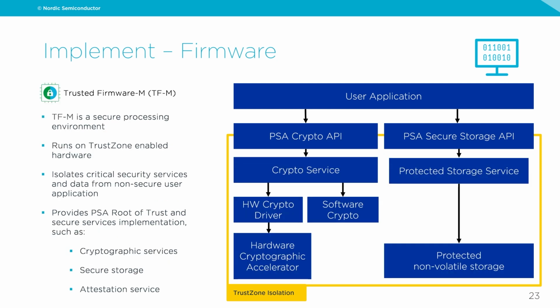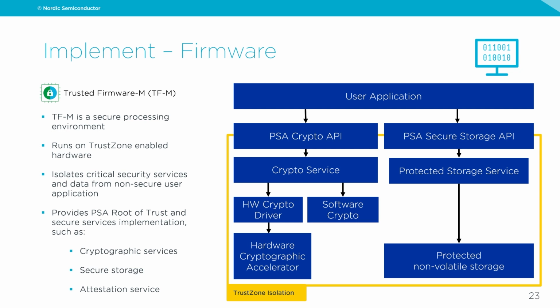And going a little bit deeper into Trusted Firmware-M, shortened as TF-M. It's a secure processing environment reference, and it runs on TrustZone enabled hardware. TrustZone is Arm technology, and what it does is isolate the critical security services and the data from the non-secure user application.